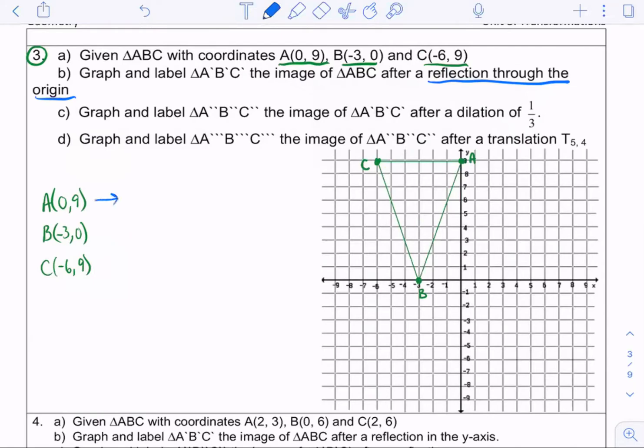So if I'm going to reflect through the origin to get A prime, B prime, and C prime, B prime will end up at positive 3, 0. A prime will end up at 0, negative 9. And C prime will end up at 6, negative 9.